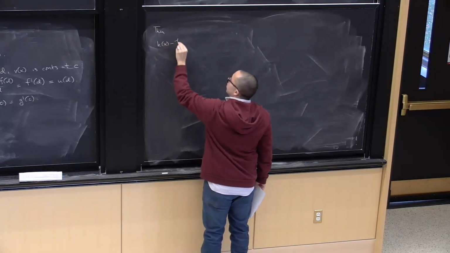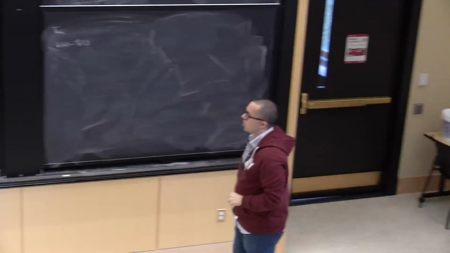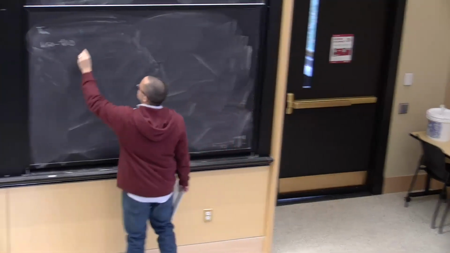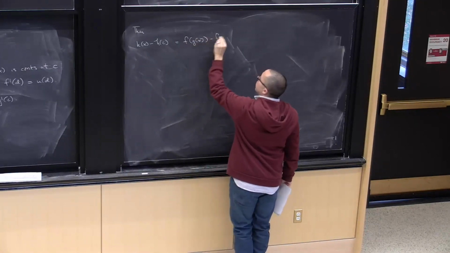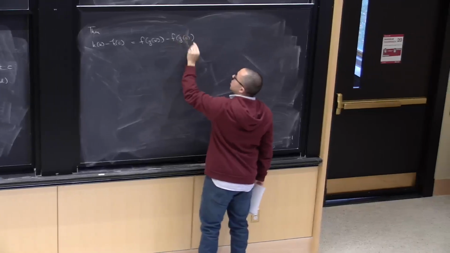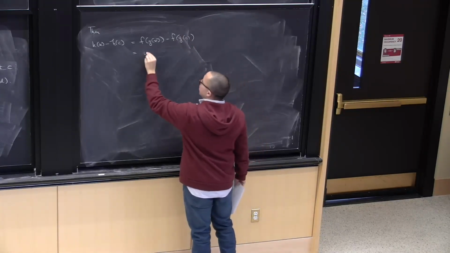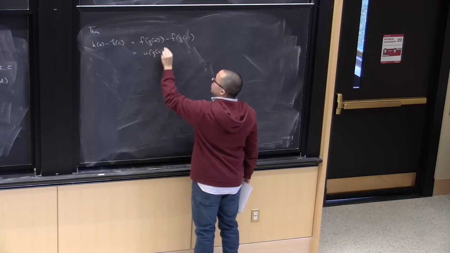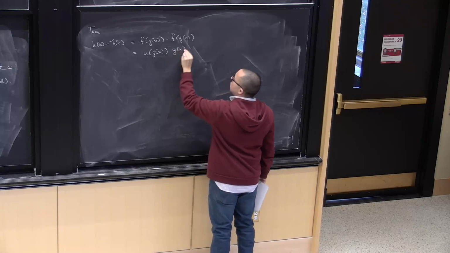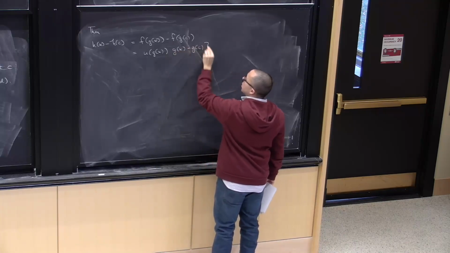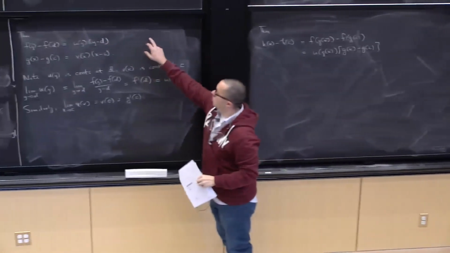So then h of x minus h of c is equal to f of g of x minus f of g of c. And this is equal to u of g of x times g of x minus g of c. This is from this relation here.